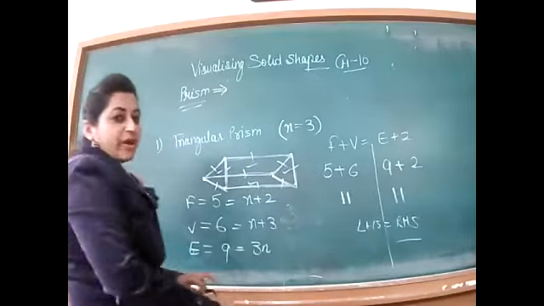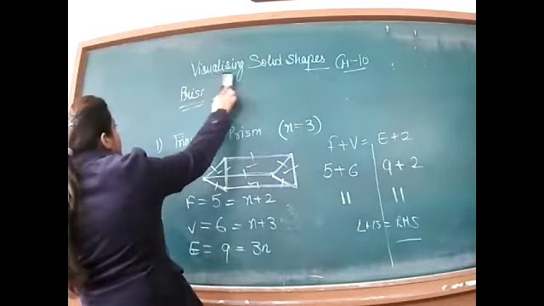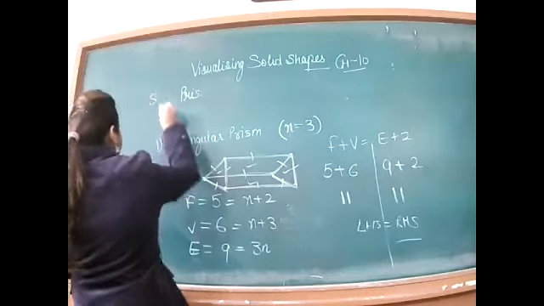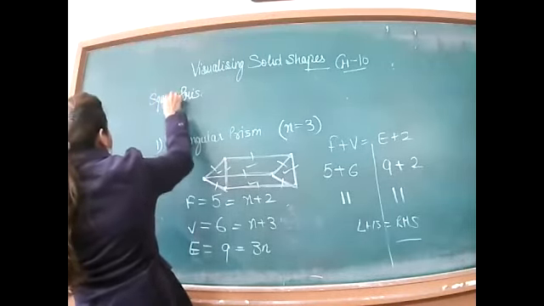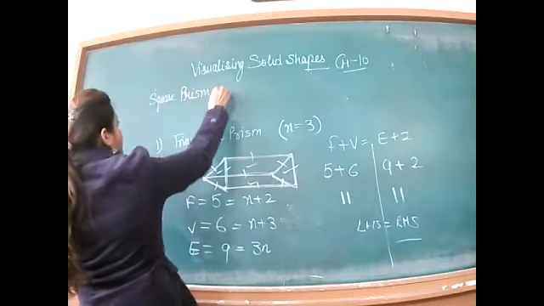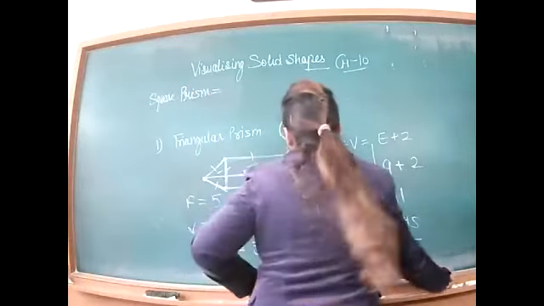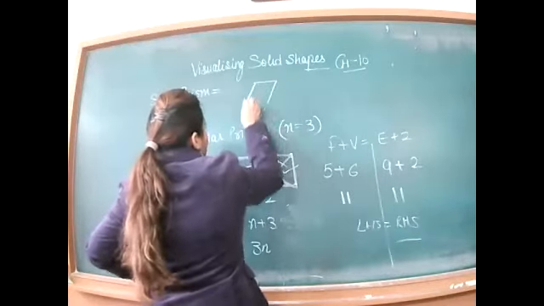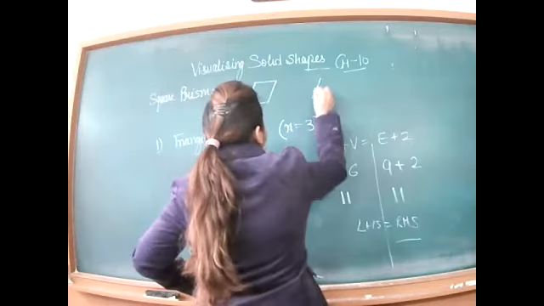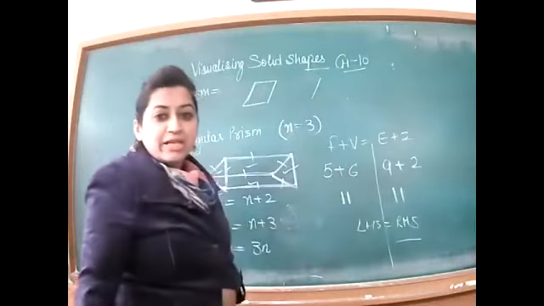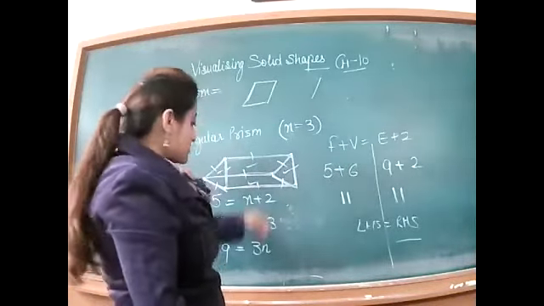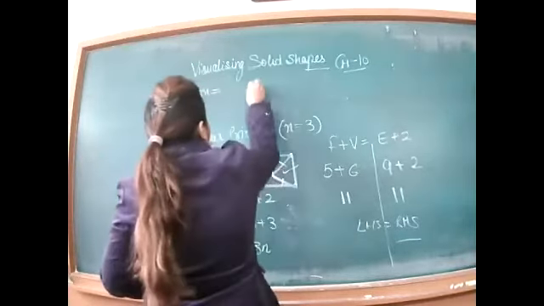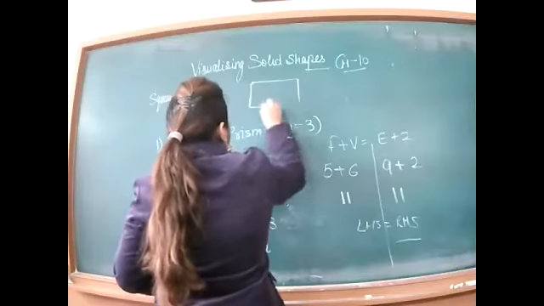Now let's verify the same formula for square prism. You will draw a square in the upper and the bottom face. Let me tell you one thing. This square prism is the same as your cuboid.